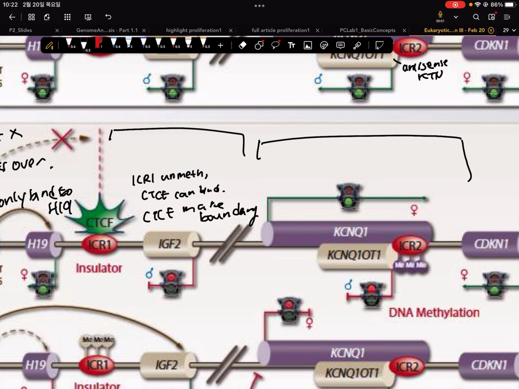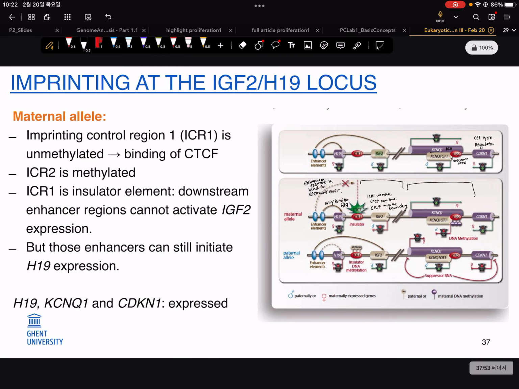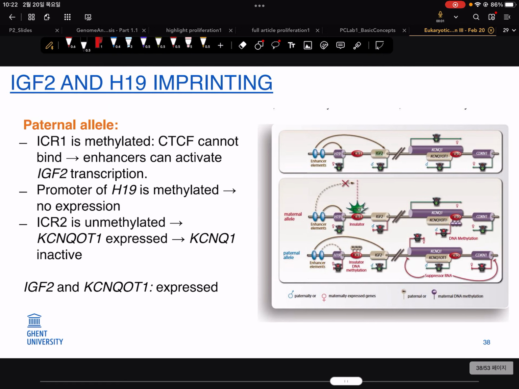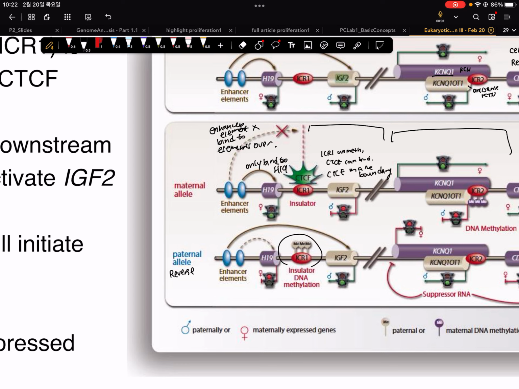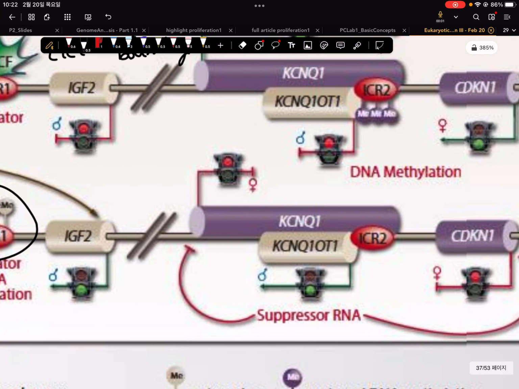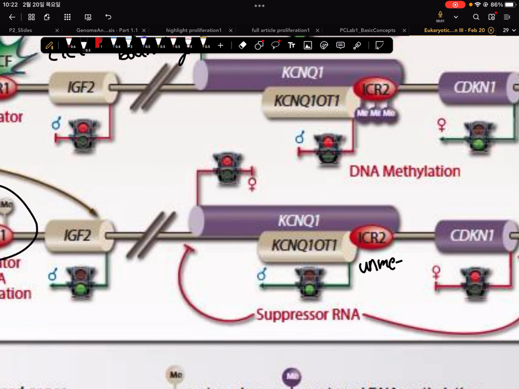And this one as well is active on the maternal allele, CDKN1. But on the paternal allele, you see the inverse. ICR1 is methylated on the paternal allele, and ICR2 is unmethylated here, leading to exactly the inverse expression patterns, of course.